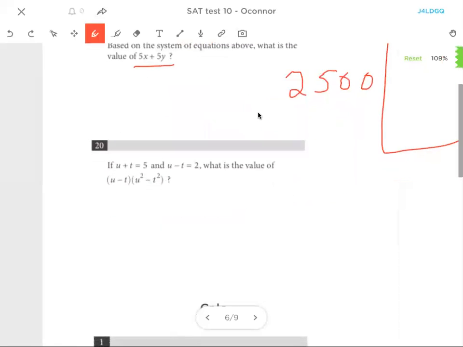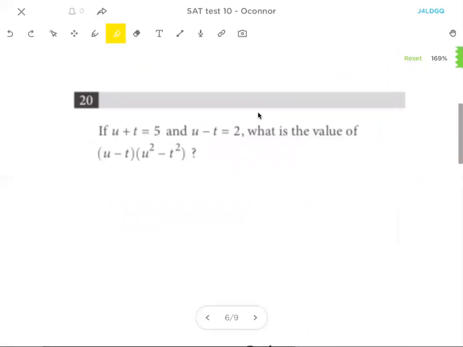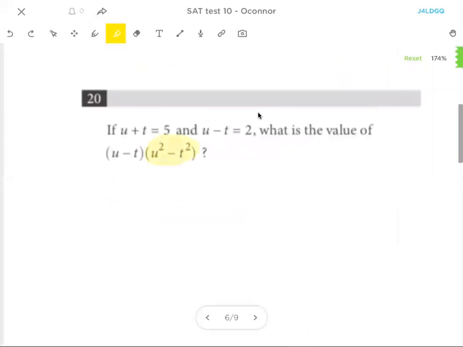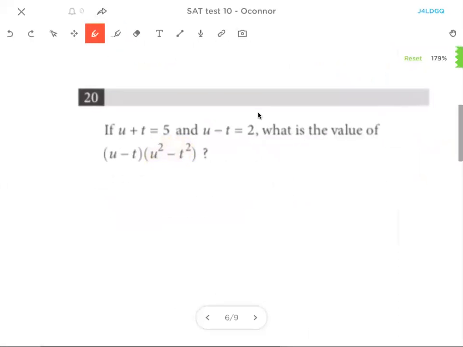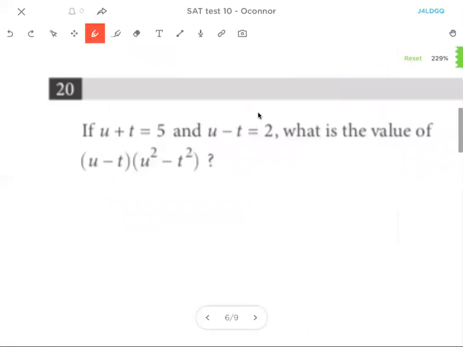Next problem, number 20. When you see this here, everybody, that screams factoring, okay? If you see a difference of squares, it screams factoring. It's probably going to be a factoring problem, and in fact, this one is, because that right side factors into u minus t times u plus t.